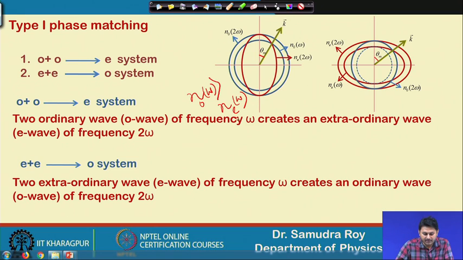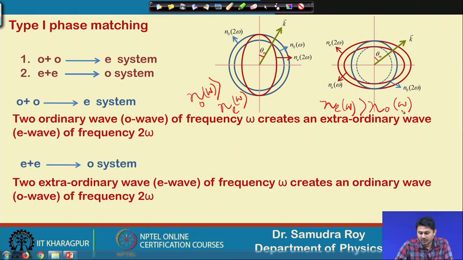On the other hand, for the other scheme, that is E E gives O, where two extraordinary waves generate one ordinary wave, the refractive index of the extraordinary wave at a particular frequency is greater than the refractive index of the ordinary wave at frequency omega.